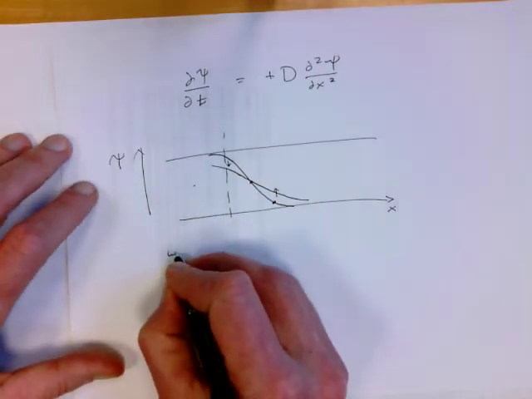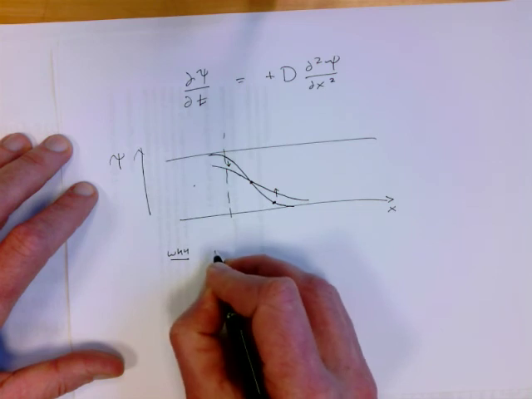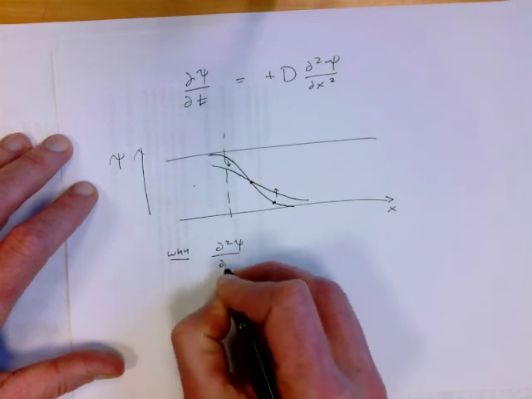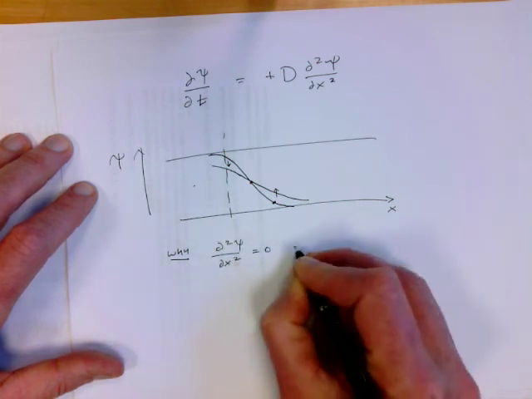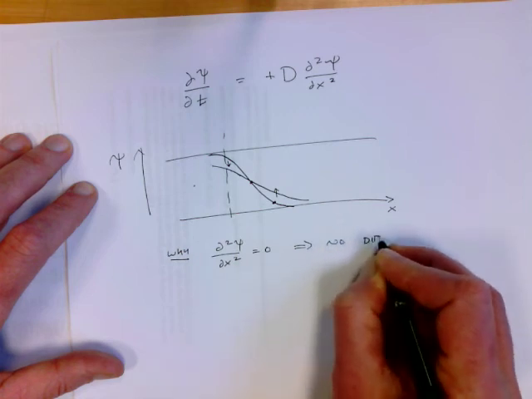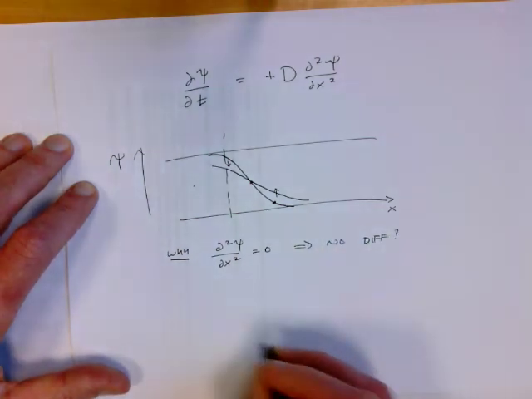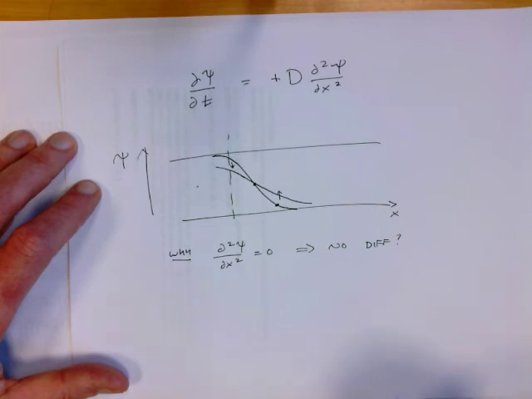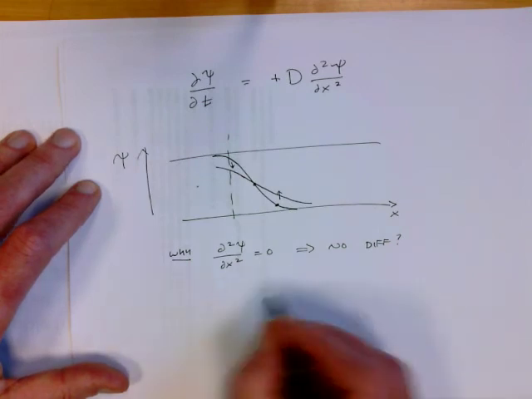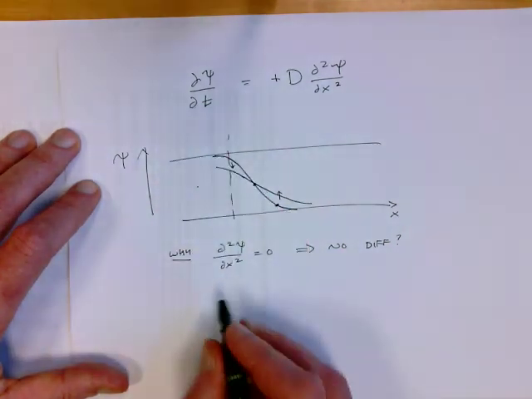You could also ask the question, why is it that if d squared psi by dx squared is 0, we get no diffusion? Because clearly there's a concentration gradient there, so it seems like there should be, but why doesn't psi change in that case?